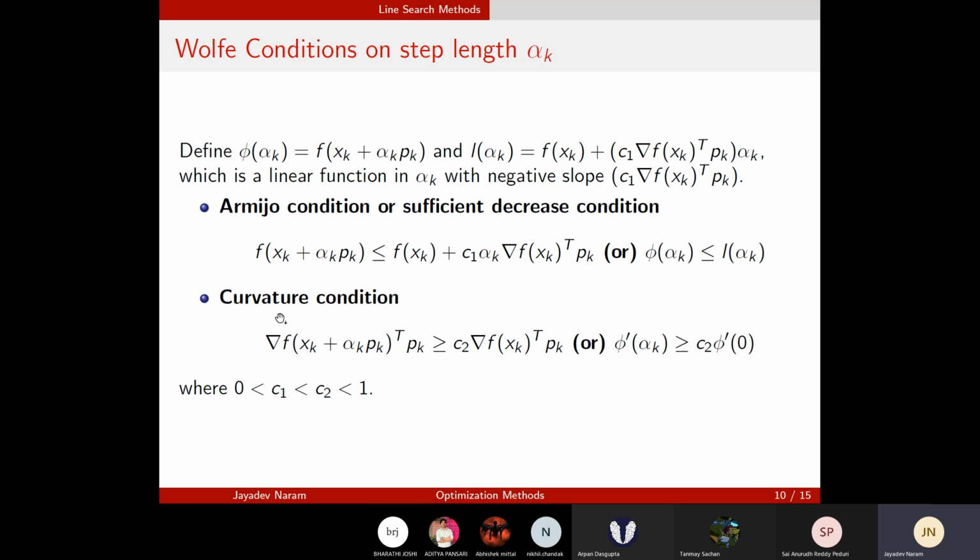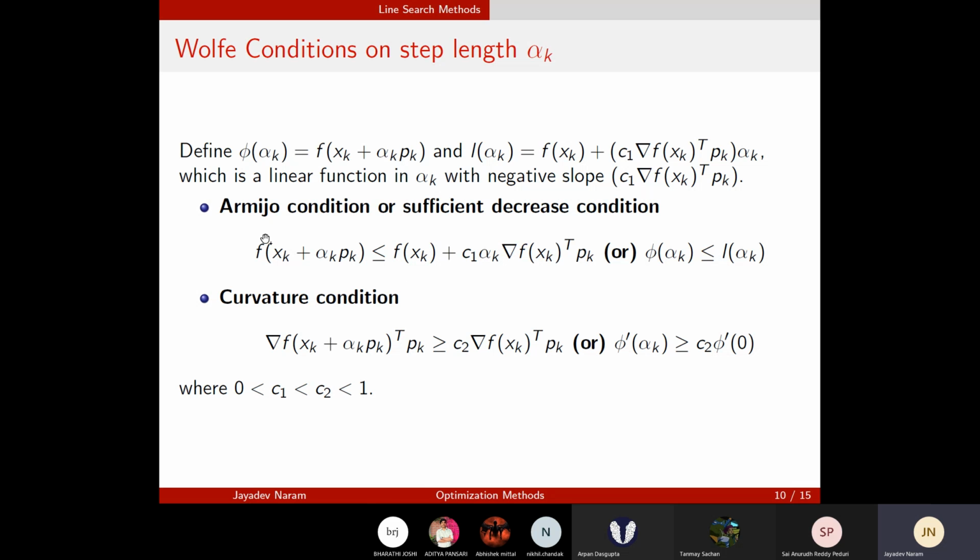And then we also have this curvature condition, which is a little complicated. What it says is phi prime of alpha k should be greater than or equal to c2 times phi prime of 0. This condition is a little tricky to understand, but what it tries to say is that it prevents us from choosing small step lengths.